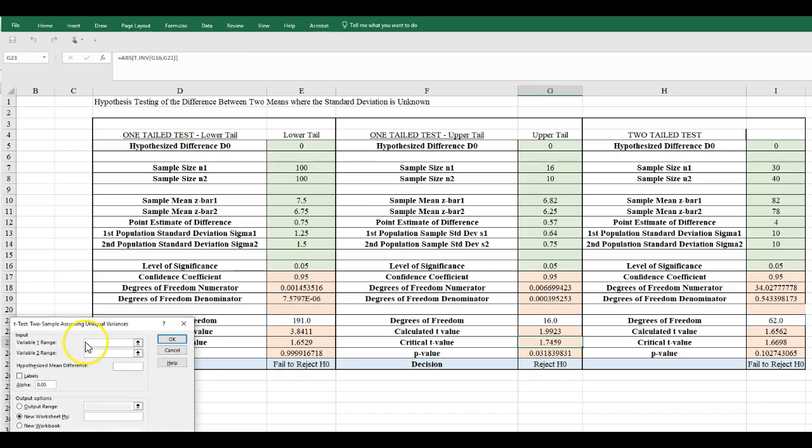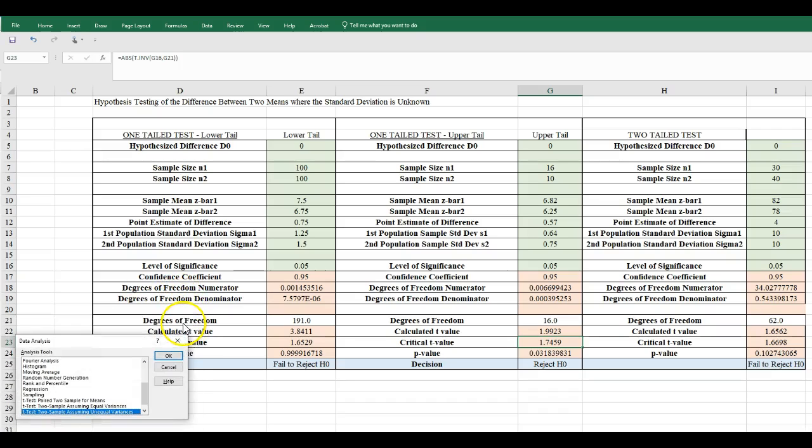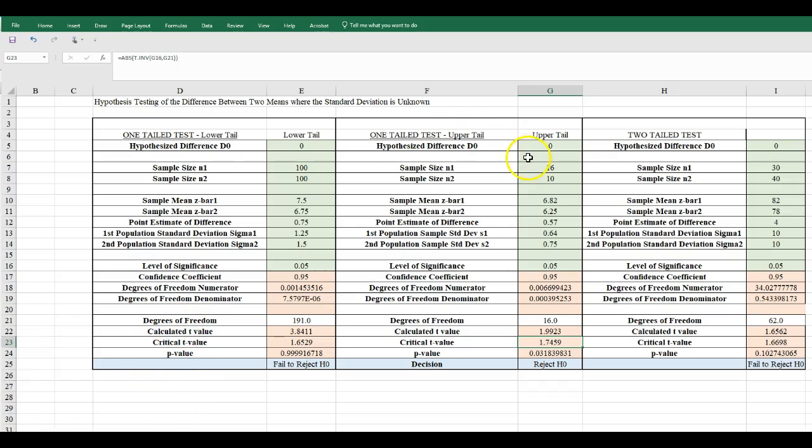But again, you have to be able to define the range for the first and second variables, a hypothesized difference, and then simply put in place the output range or where you want the output to be placed. But that only works if you have the data. If you don't have the data, but you have the summary information, you can use this tool.